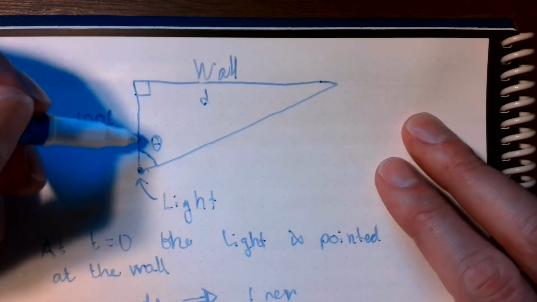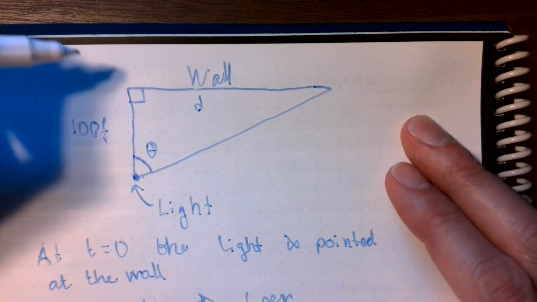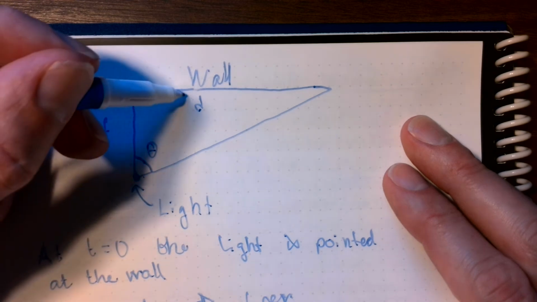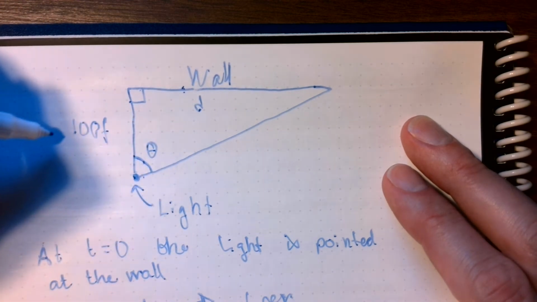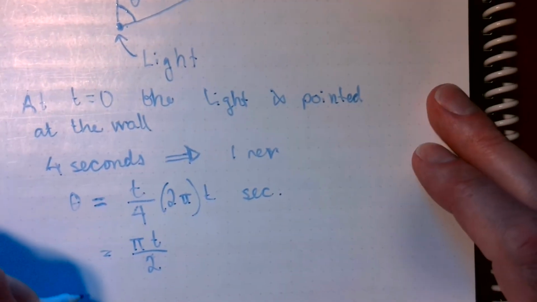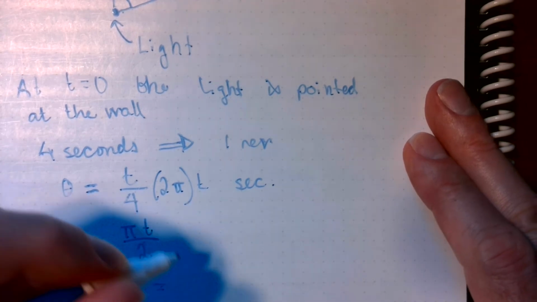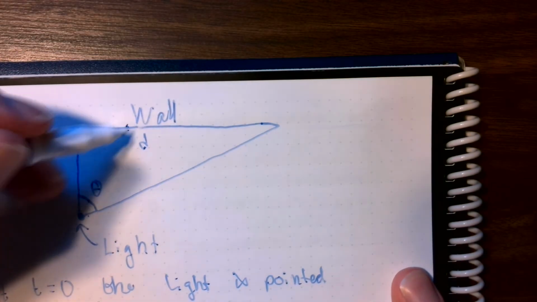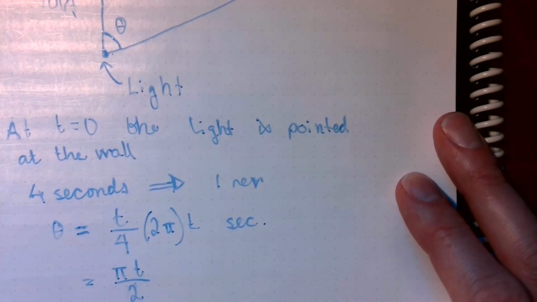Now, let's look at the relationship between theta and d. We've got some trig functions here. d is the side opposite angle theta, and this is 100 feet here, so that's the adjacent side. So I know that tan theta is opposite over adjacent, d over 100.